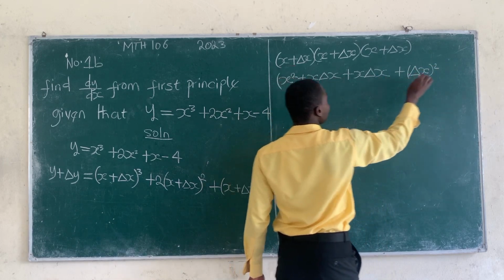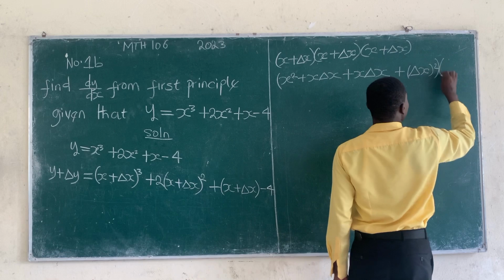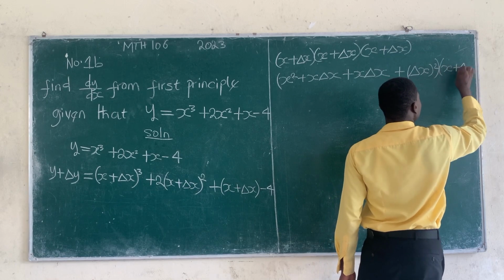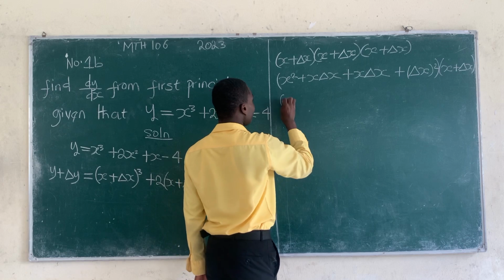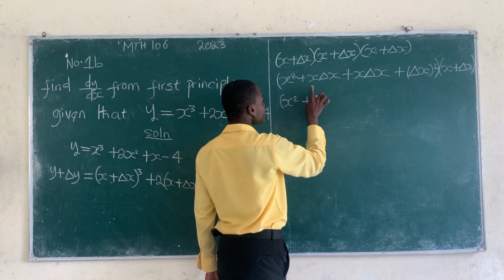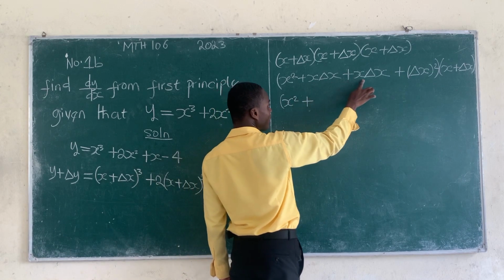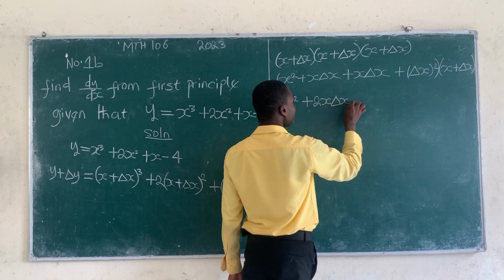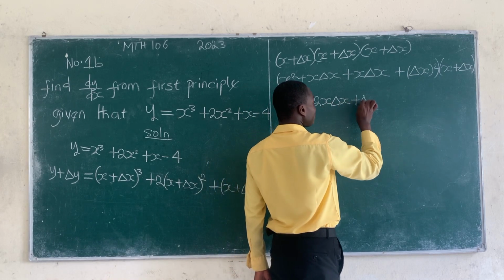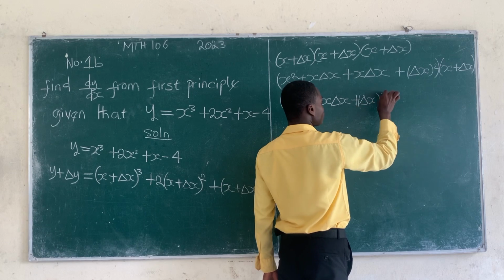Then the whole of this will multiply x plus increase in x. So let's simplify this. We have x squared plus increase in x plus x plus increase in x will give us 2x increase in x plus increase in x squared.